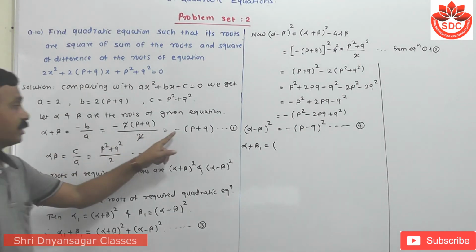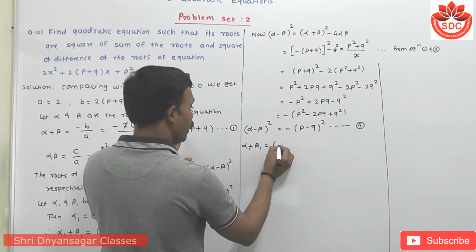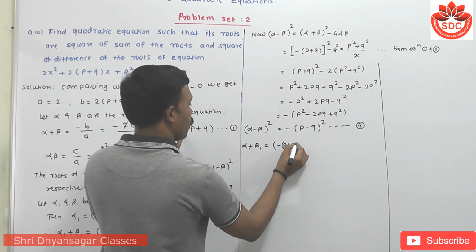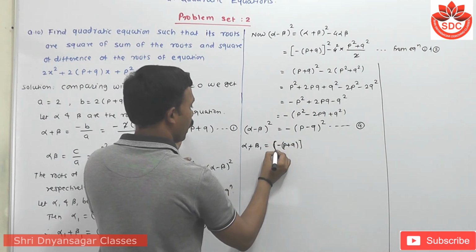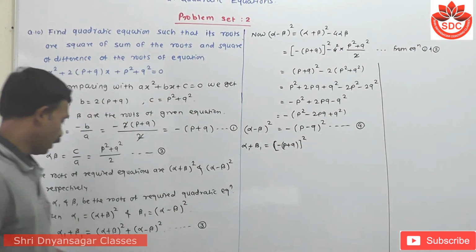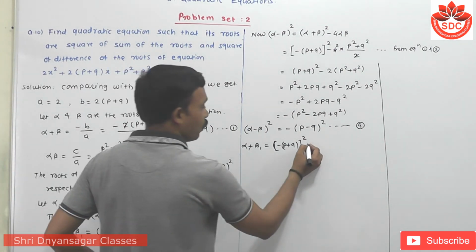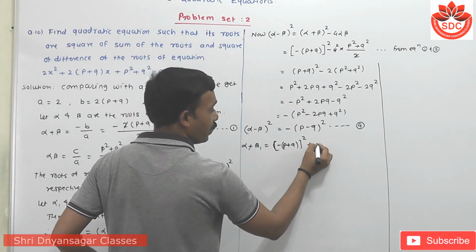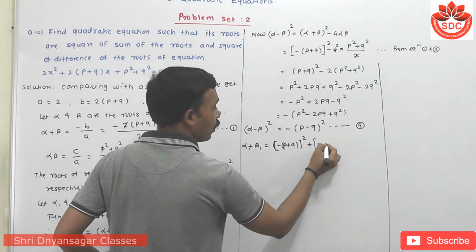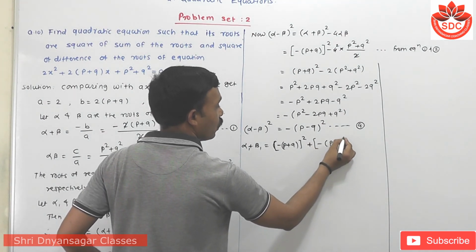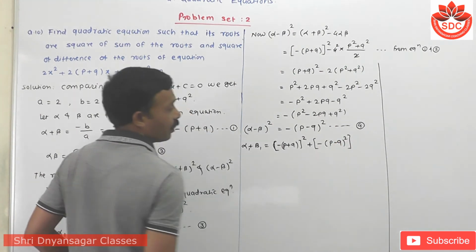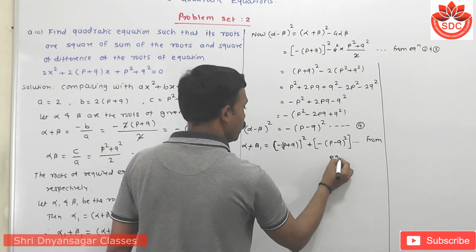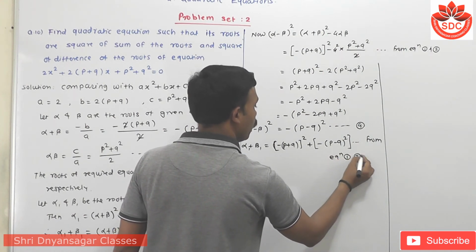Alpha plus beta is this one bracket square, meaning minus p plus q, whole bracket square, then plus this bracket square already found, meaning minus in bracket p minus q bracket square. Here the reason is from equation first, third and fourth.